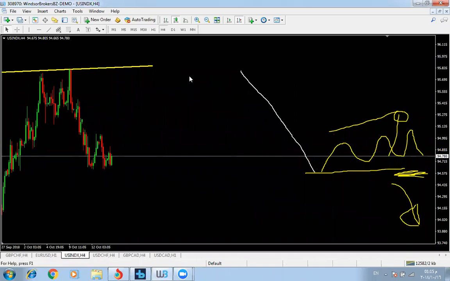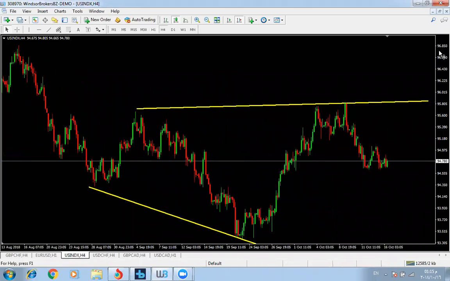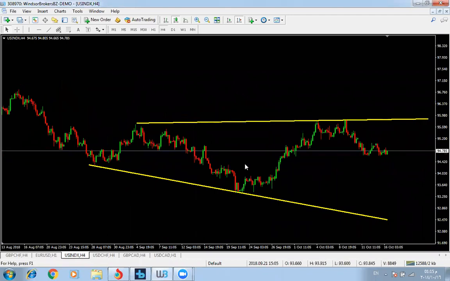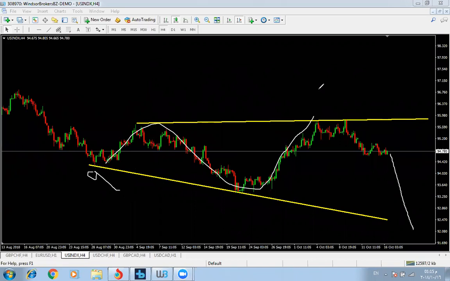If my analysis goes as wished, we should see the price moving lower to this area, where we consider this as an A, this is B, and this is C. So my target will be discussed later on. That's all about the dollar index, which is the most important market on the screen.